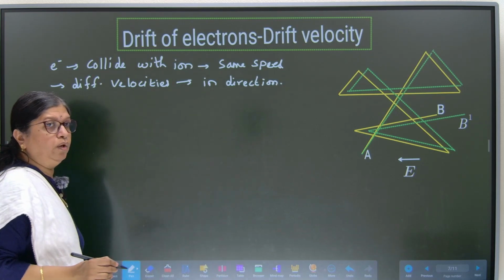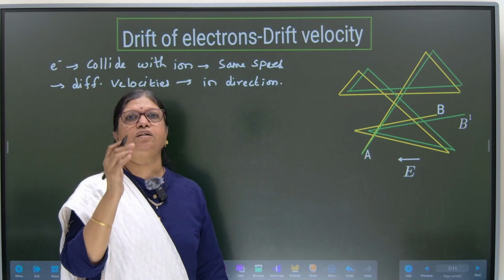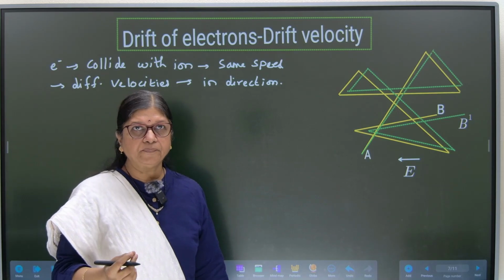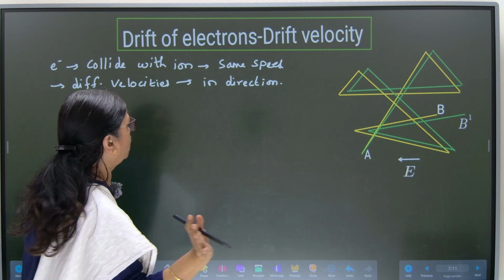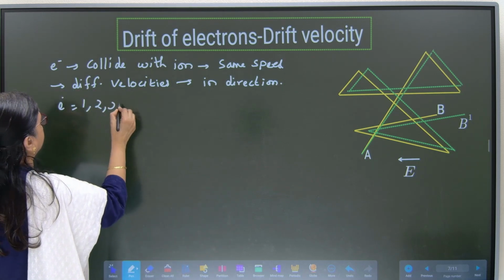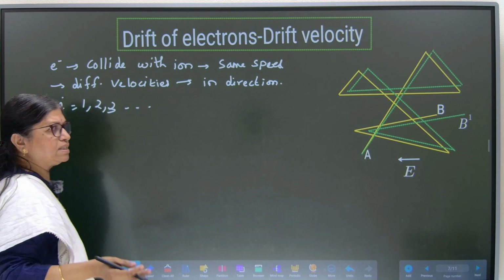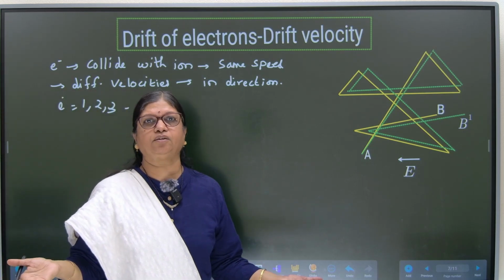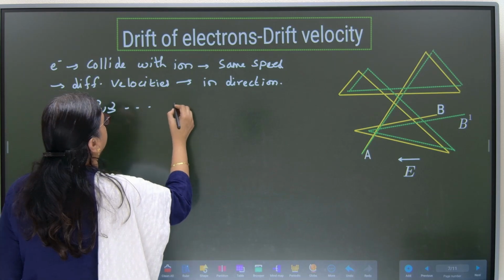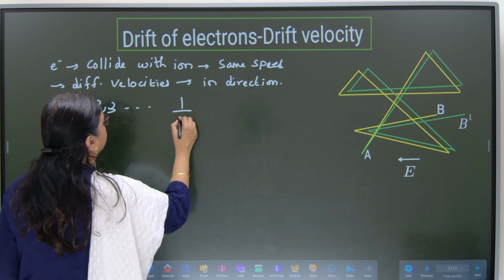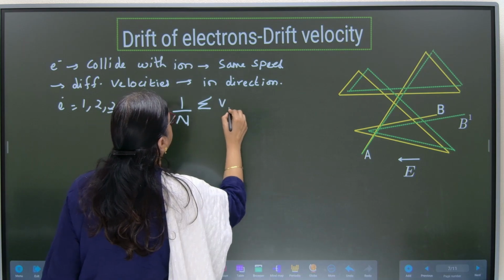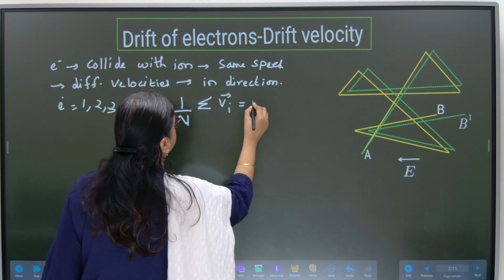Okay, so at any given time, if we consider the ith electron where i is equal to 1, 2, 3 and so on, that means we are considering any one of the electrons, then its average velocity would be given by 1 upon N sigma Vi is equal to 0.